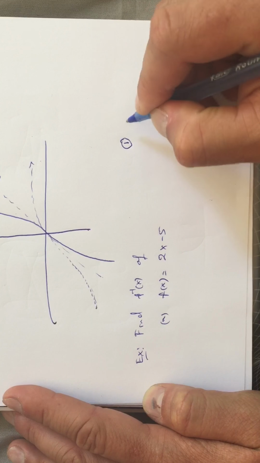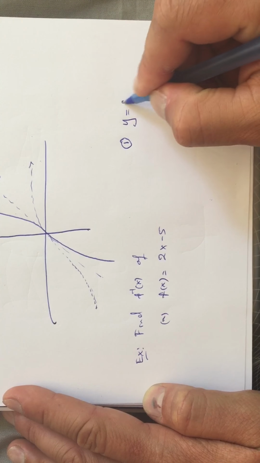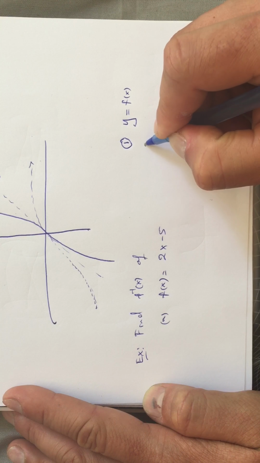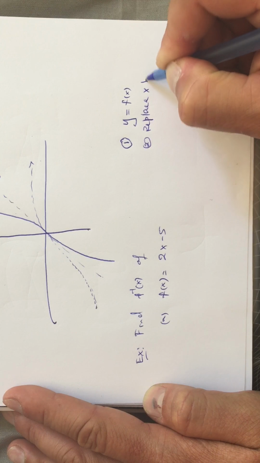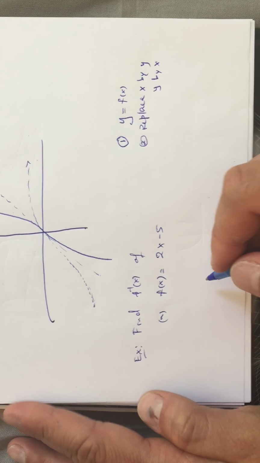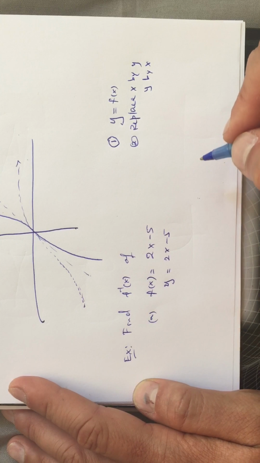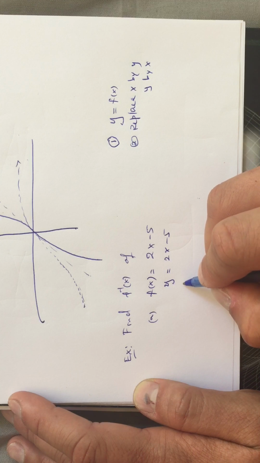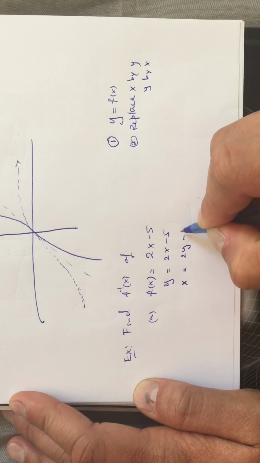Step 1, let y equal that function. Step 2, replace x by y and y by x. Here's what I meant by that. Step 1, write y equals 2x minus 5. Step 2, every time you see y, you write x, and every time you see x, you write y.